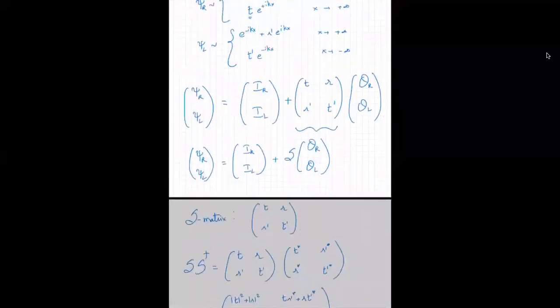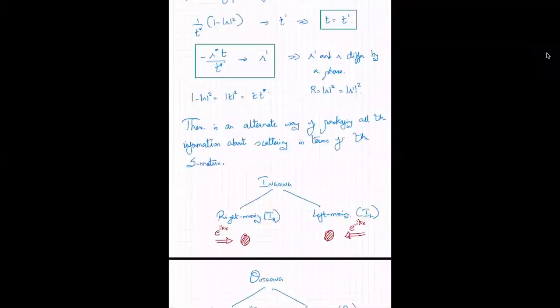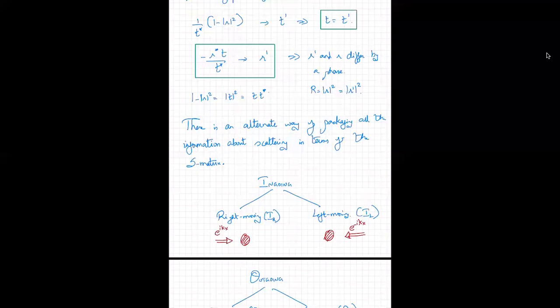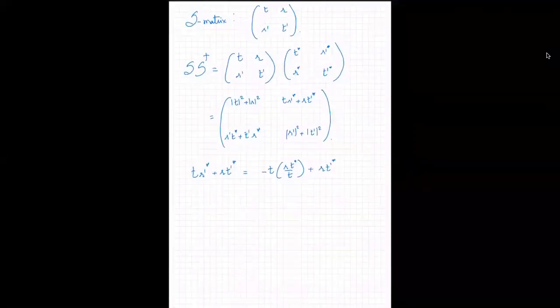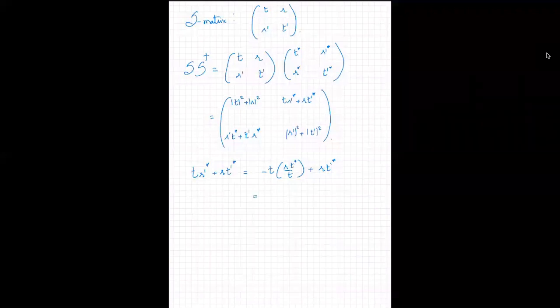Since R prime is minus R star T over T star, R prime star would be minus R T star over T, right? So I will simply use this relation, and this basically is telling me that this is equal to minus R T star plus R T prime star.